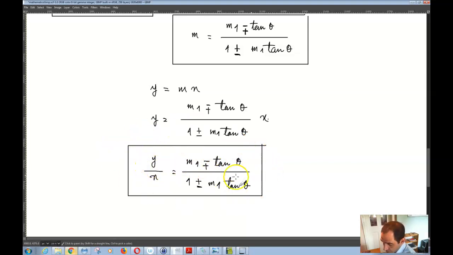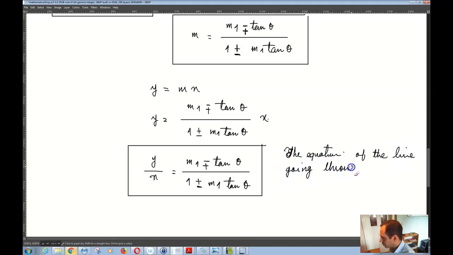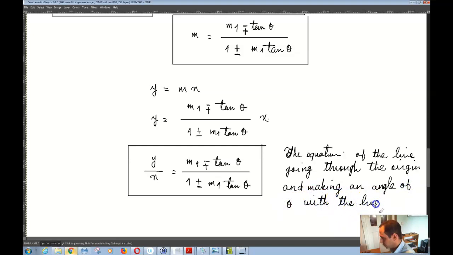And that is the equation of the line going through the origin and making an angle of theta with the line y is equal to mx plus c.